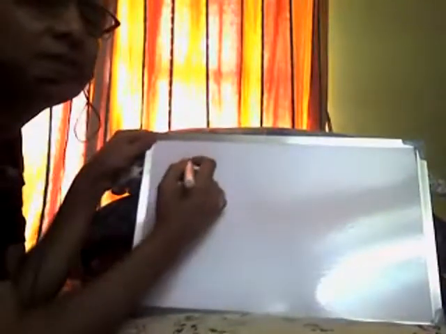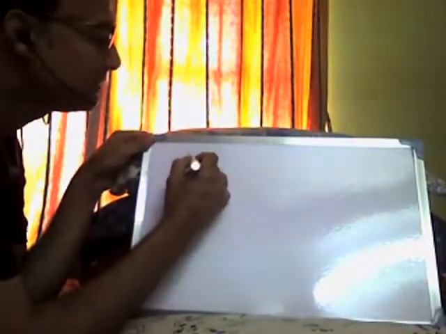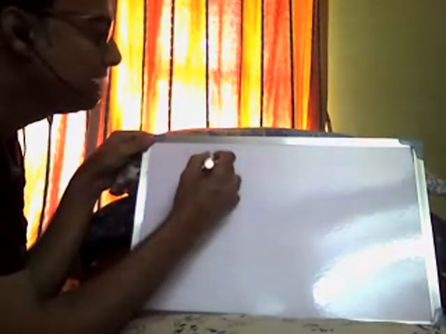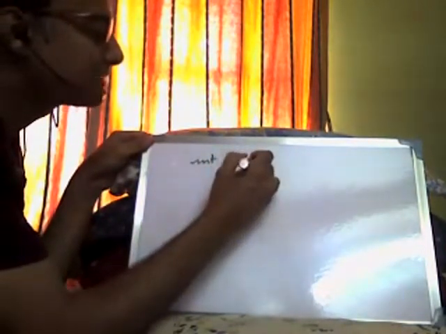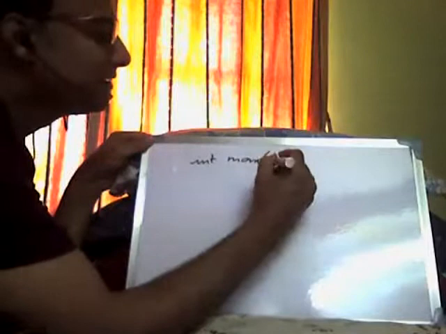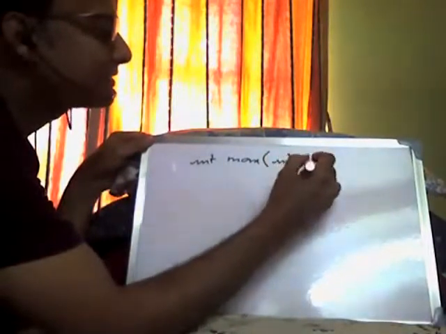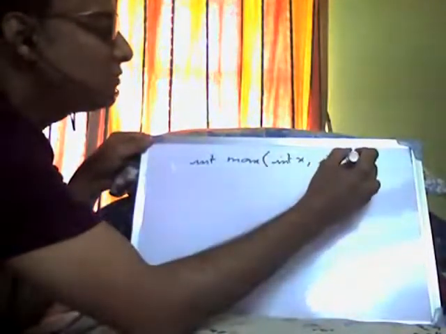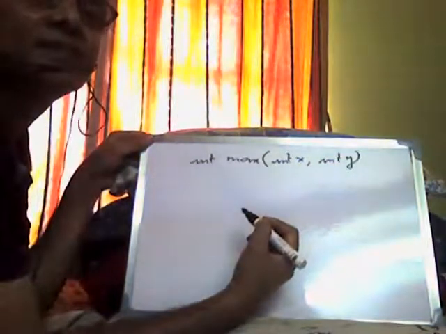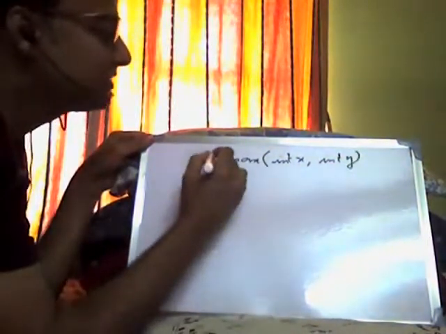Now I am giving you one example. You see this, but how do you declare the function? I am not writing the whole thing. Int, suppose max, int x, int y, right? Within this is a user defined function.